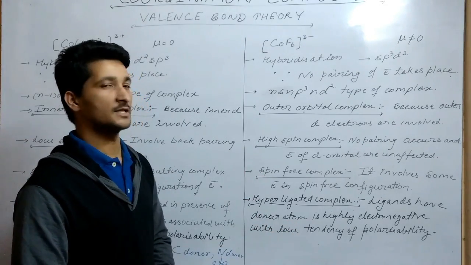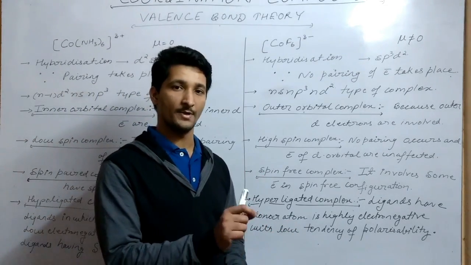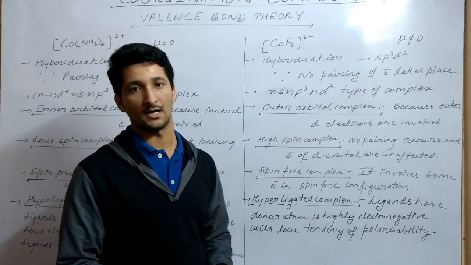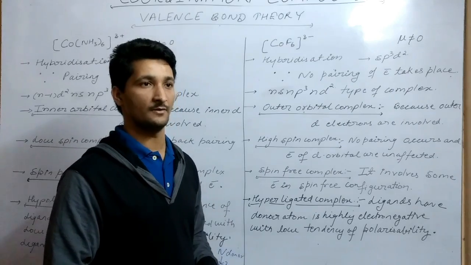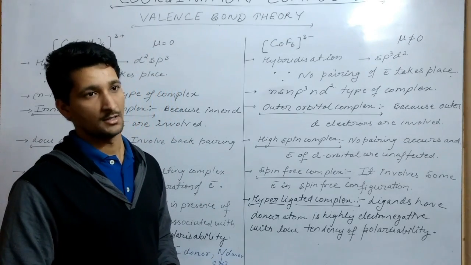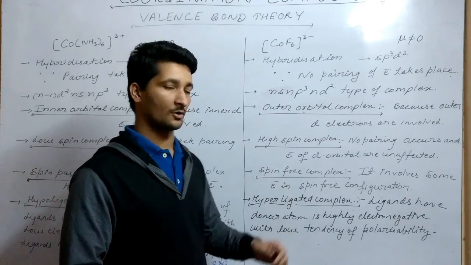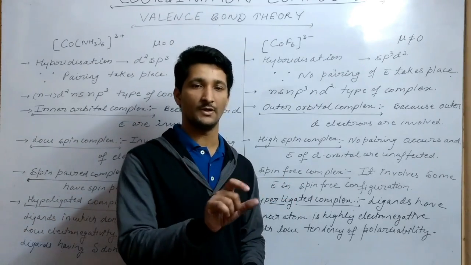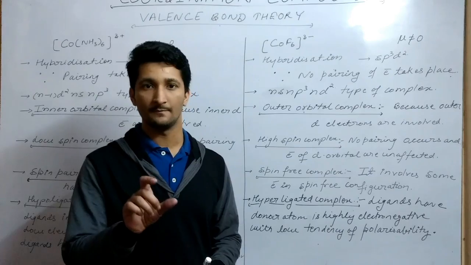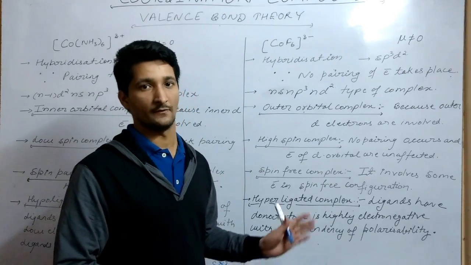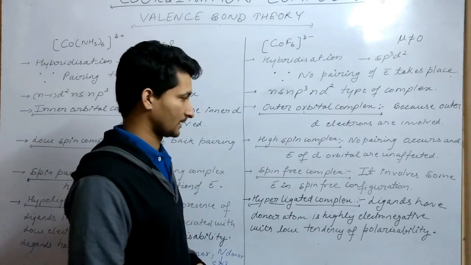It is also called high spin complex because no pairing takes place during the formation of the complex, and hence there are always some unpaired electrons present which are responsible for the magnetic moment. It is also called spin-free complex because some of the electrons will always be present without their spin pairs.